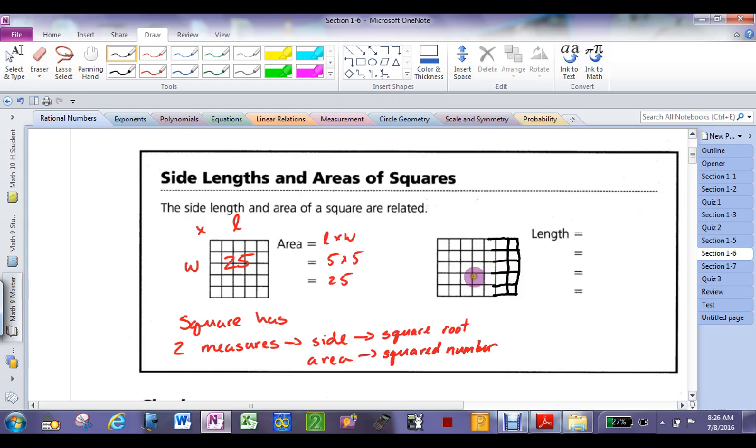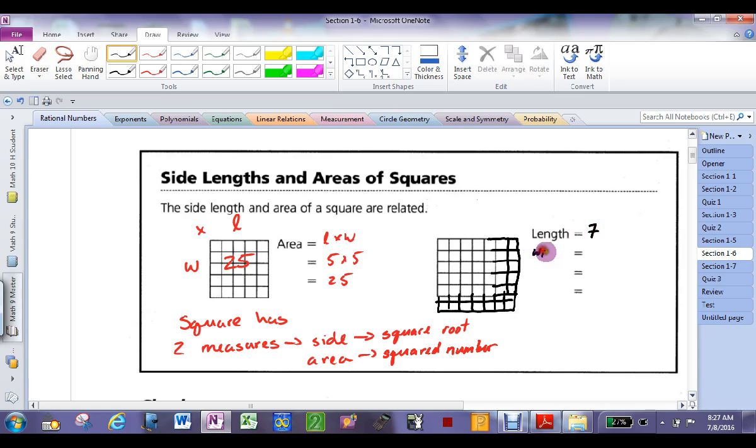How would I have to fix this up so it gave me a square? I would have to add 2 more to the bottom and go all the way out to the sides. Now do I have a square? Do length and width work? Great. So what was the length? 7.